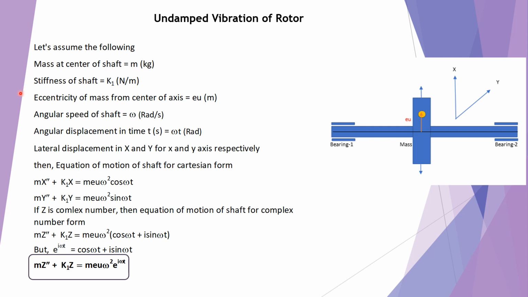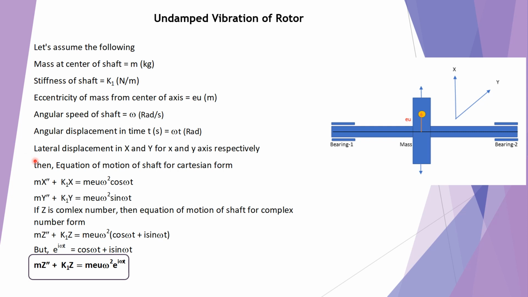Eccentricity of mass from the center of axis is equal to eu in meter. Angular speed of the shaft is omega radian per second. Angular displacement in time t second is equal to omega t radian. Lateral displacement in x and y for xy axis respectively.